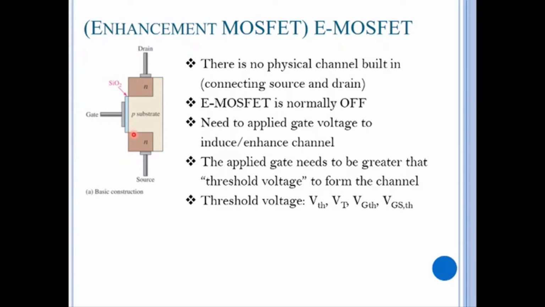This is not the case. We need to apply a positive voltage, in the case of this P-type substrate, greater than a value called the threshold voltage. Below this threshold voltage, there is no channel formation, but above the threshold voltage, the channel will form and the current can flow from drain to source.